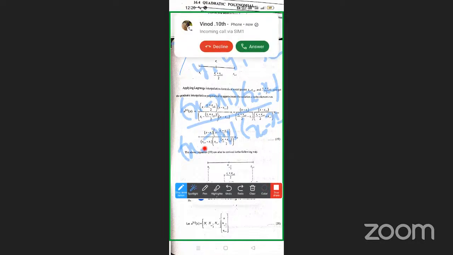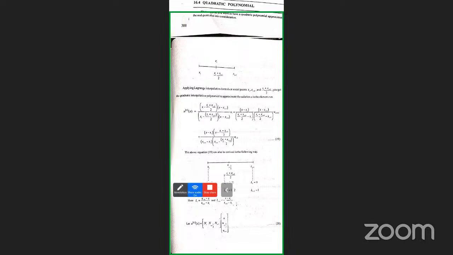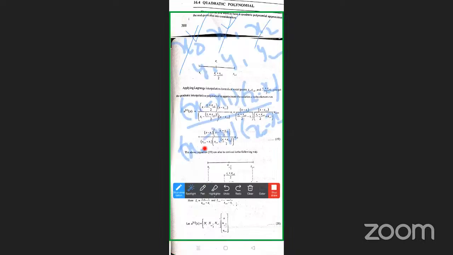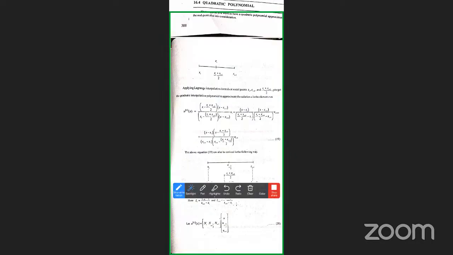So that is x minus x0 into x minus x1, divided by the numerator with x2 substituted: x2 minus x0 into x2 minus x1, into y2. So this is the Lagrange's interpolation formula.